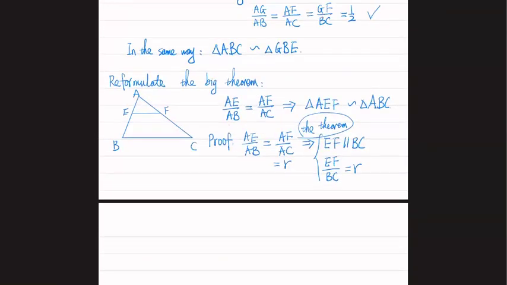Now, the two lines are parallel. The corresponding angles are congruent. Corresponding angles are congruent, and they share a common angle. Therefore, the three pairs of angles are congruent.